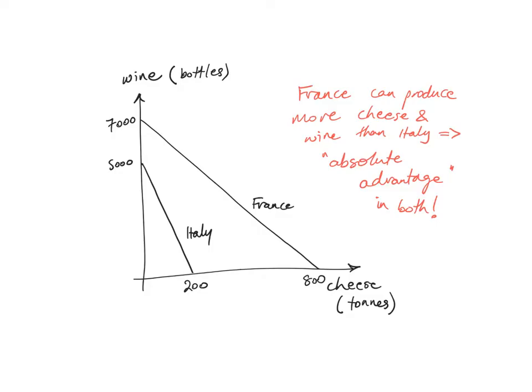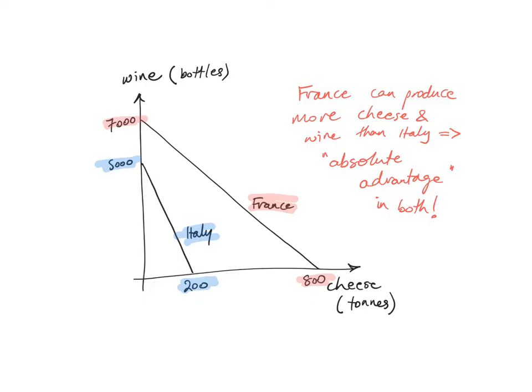So let's go back to the example that I introduced in the previous video about absolute advantage. We can see here that France can produce 7,000 bottles of wine and 800 tons of cheese, while Italy can produce 5,000 bottles of wine and 200 tons of cheese.